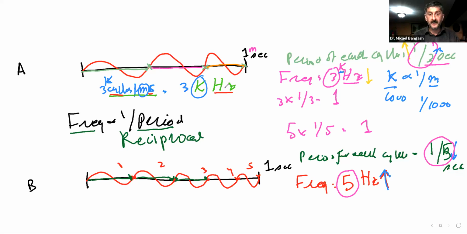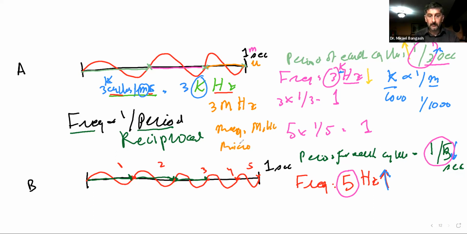If we change this period from a milli to, let's say, a microsecond, which means we completed 3 cycles in 1 microsecond, then our frequency is going to become 3 megahertz. Why? Because mega was 1,000,000, right?